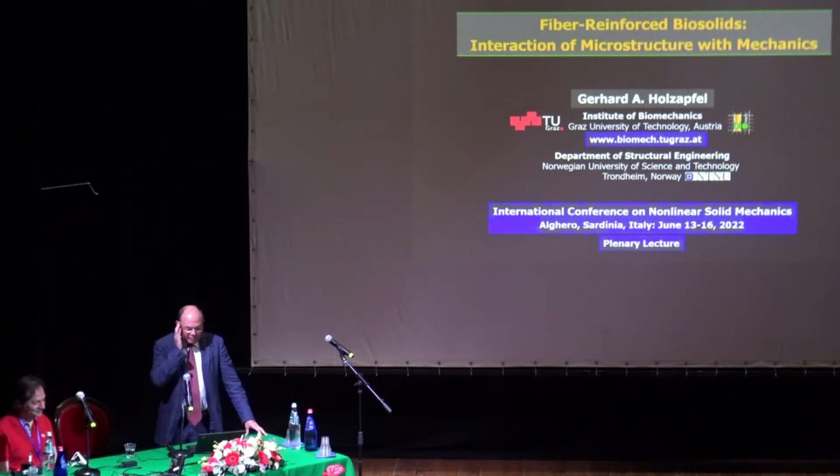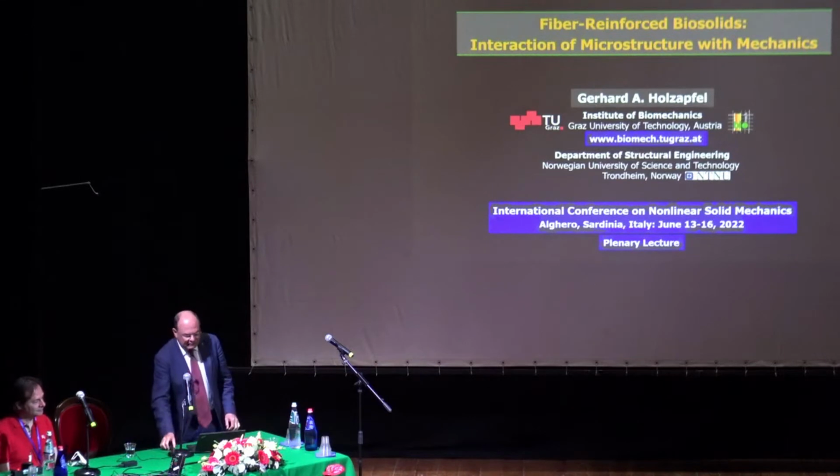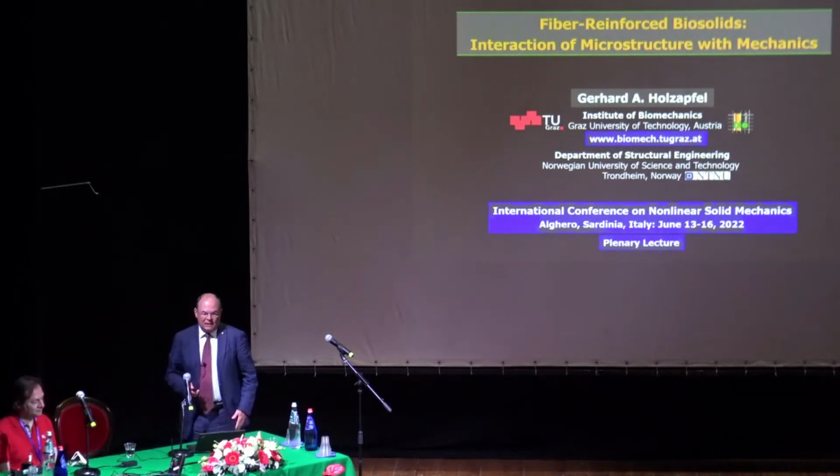About my topic, I would like to talk about fiber-reinforced biosolids. Most of our organs in our body are fiber-reinforced, and we want to better understand that. What is the interaction, actually, of the microstructure of the tissues we have in our body and the related mechanics?